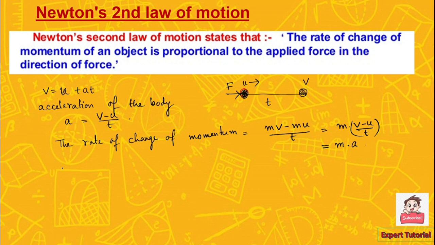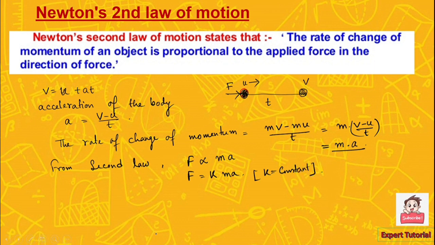Now from Newton's second law, F, that is the applied force, is proportional to m into a, the rate of change of momentum. Or you can say that F equals k into ma, where k is a constant.